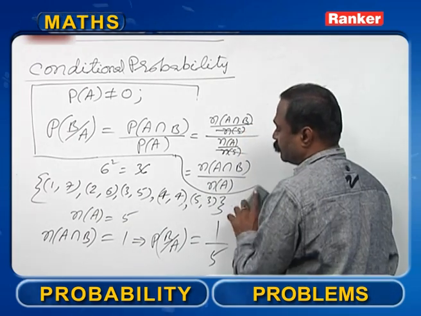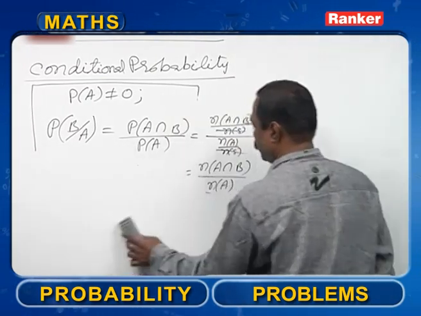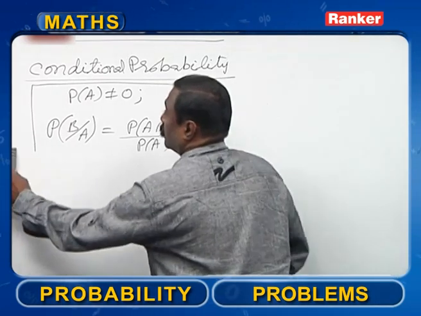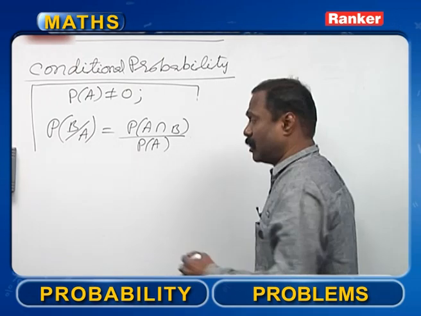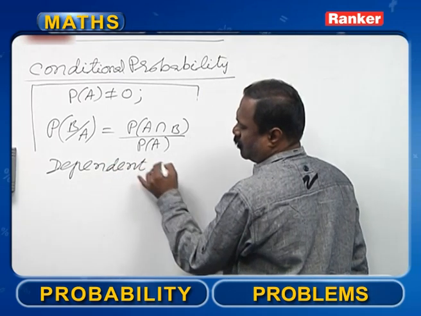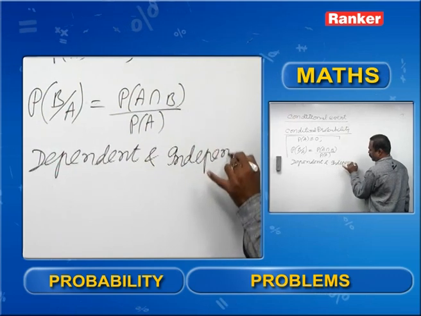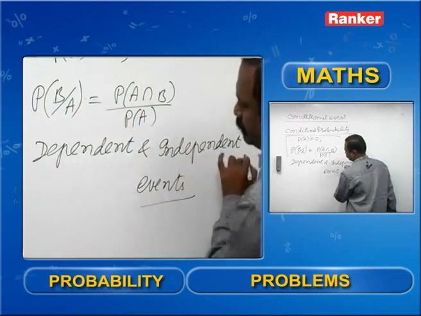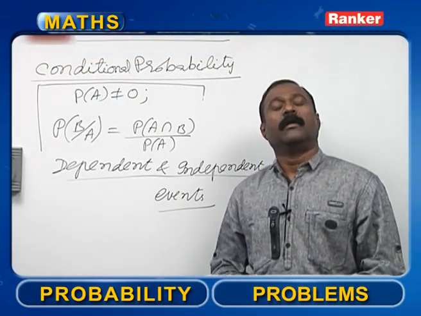And if you extend this, conditional probability can be extended to the multiplication theorem. But before going to the multiplication theorem, let me explain what dependent and independent events are.